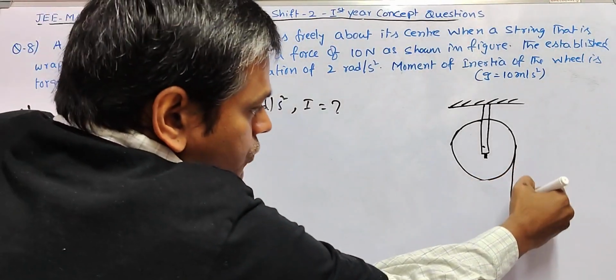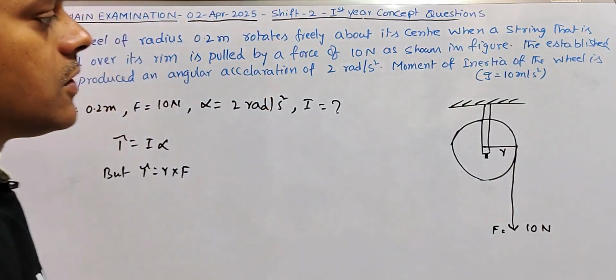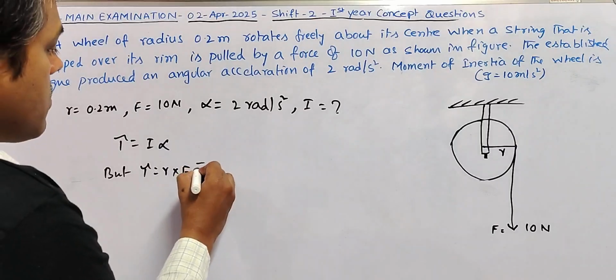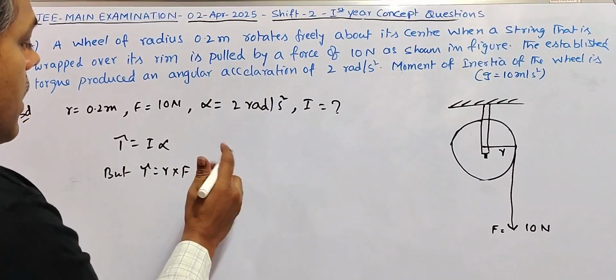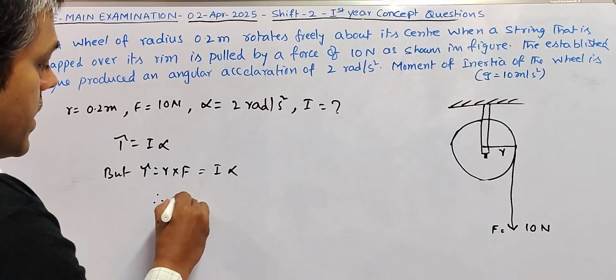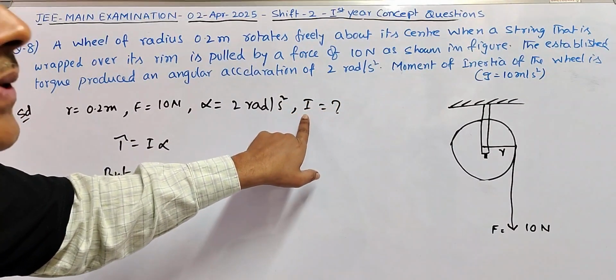This is because the force F is applied at a perpendicular distance R. So torque is equal to R into F, which, according to what is given, is equal to I into alpha. From this you can get the required I value, because the question asks to find the moment of inertia.